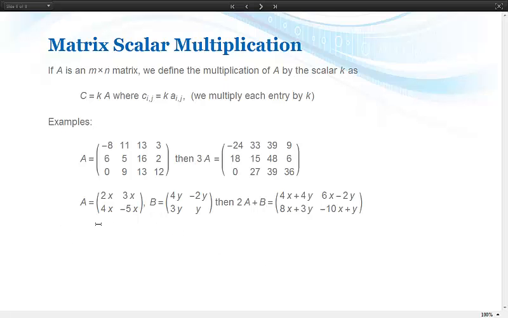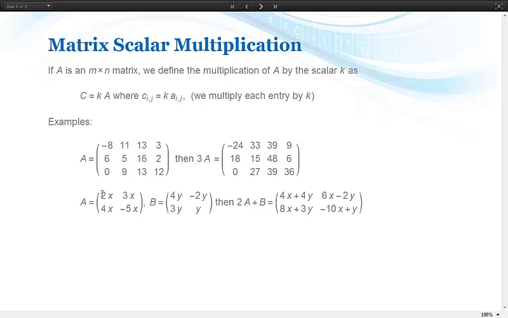Given two matrices here with algebraic entries in them, these are both 2 by 2 matrices, then if we compute the linear combination 2A plus B, we first multiply the matrix A by 2. That would give us 4x, 6x, 8x, and minus 10x, and then add the matrix B using addition term by term.